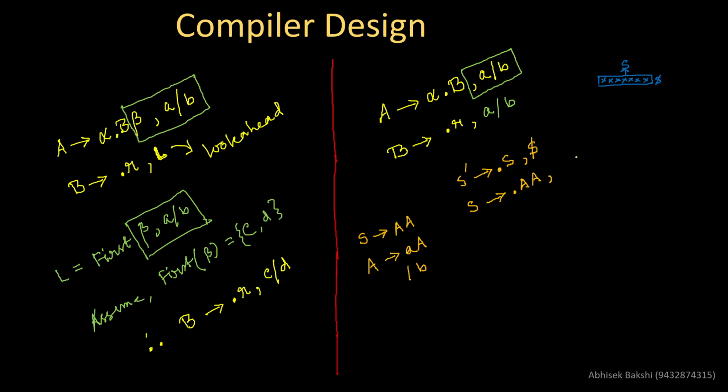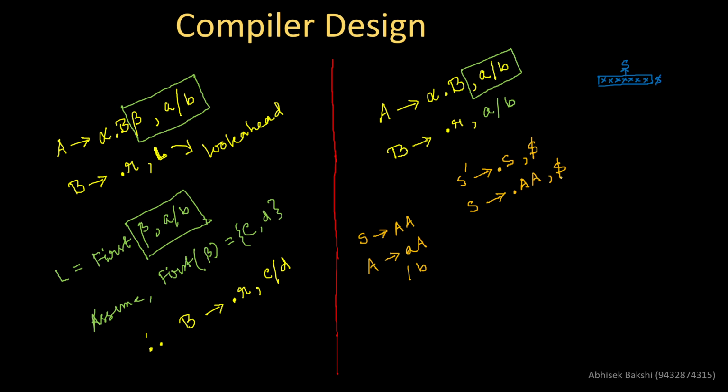I'm doing the closure of this capital S, so whatever is left after it, the first of that will be the lookahead of this production rule. It is exactly the same situation we saw earlier, where I find the closure of capital B and there is nothing after B before the comma, so I directly have the lookahead. Same thing over here. Since there is nothing here, I will blindly write dollar. There is no other way.